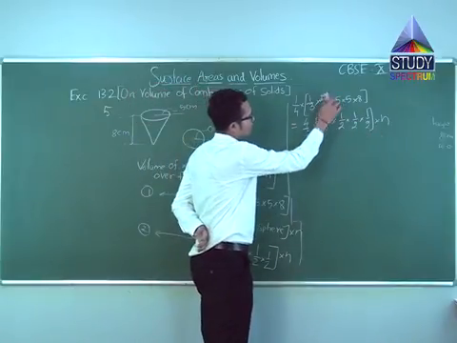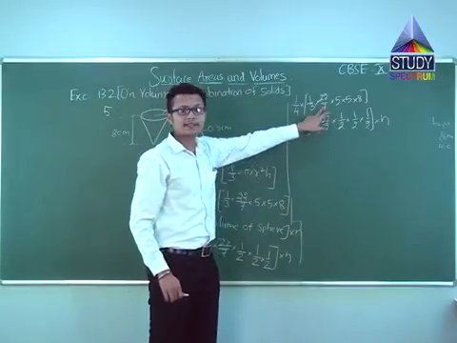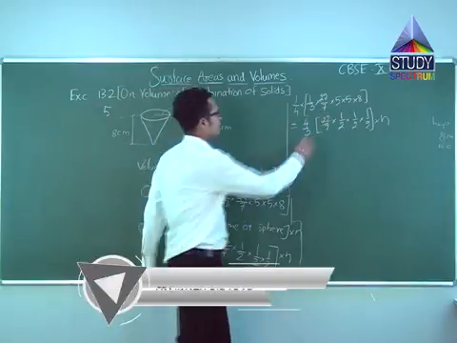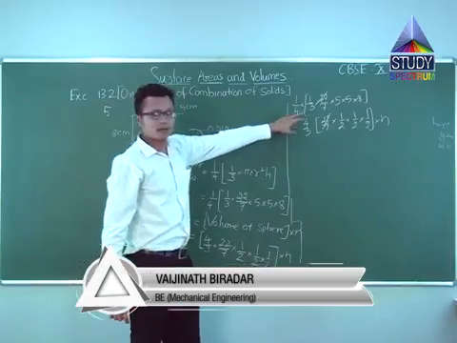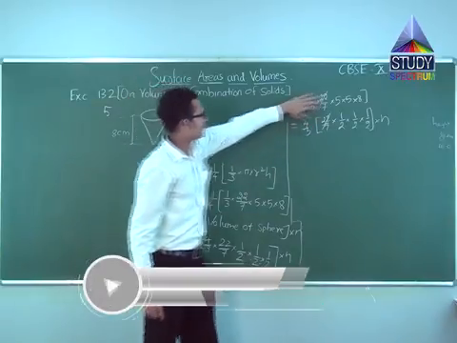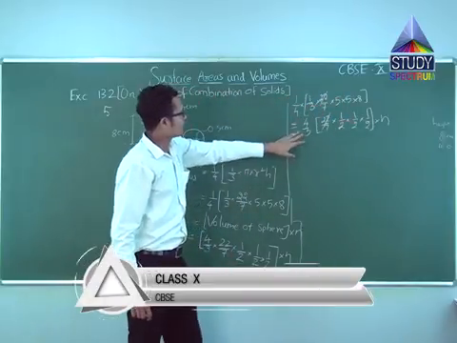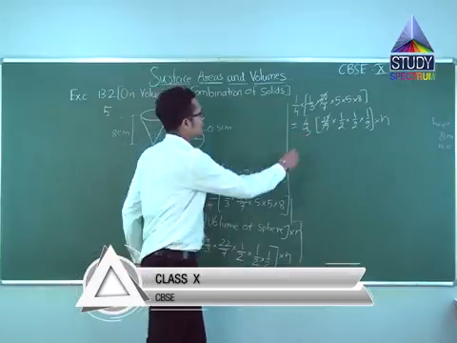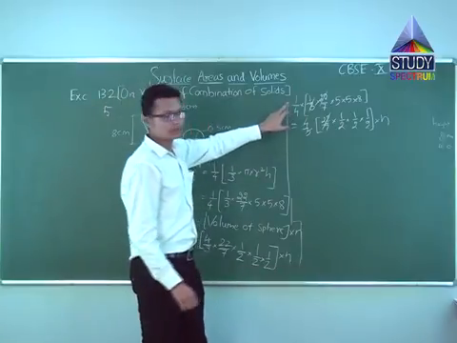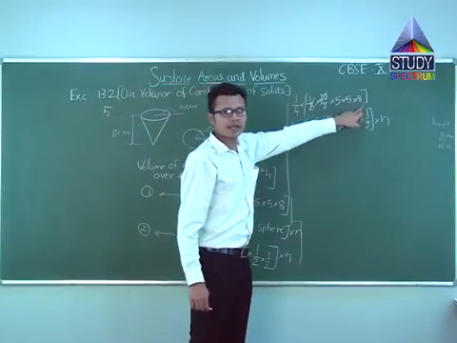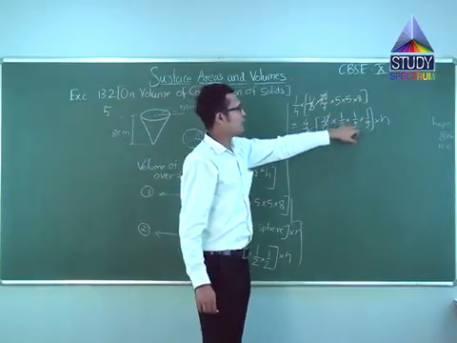So 22 by 7 is present on both the right hand side and left hand side, so it cancels out. And there is 1 by 3 on the left hand side, which is also present on the right hand side, so 1 by 3 cancels out. What we are left with is 1 upon 4, 5, 5 and 8, and on the RHS, 4, 1 by 2, 1 by 2 and 1 by 2.